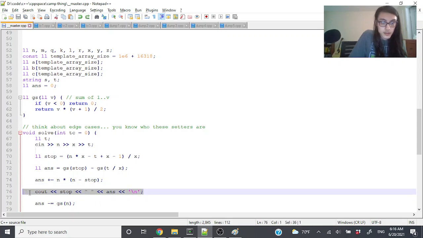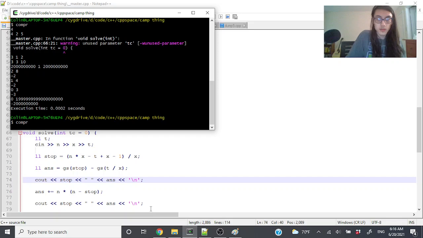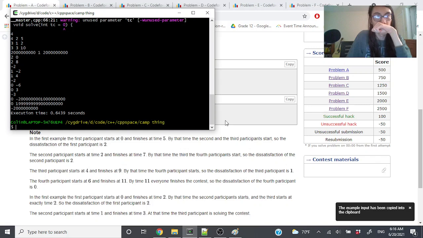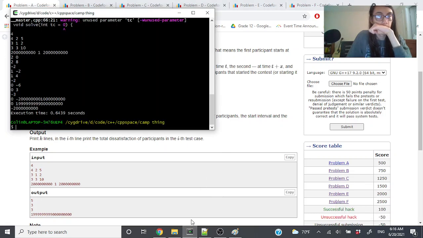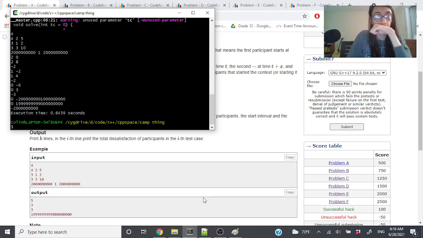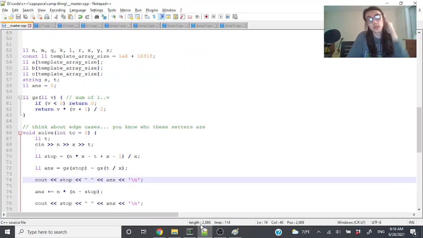So what happens here? At times 7. Two zero. What is t over x?